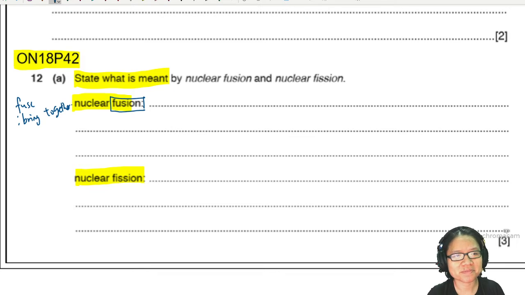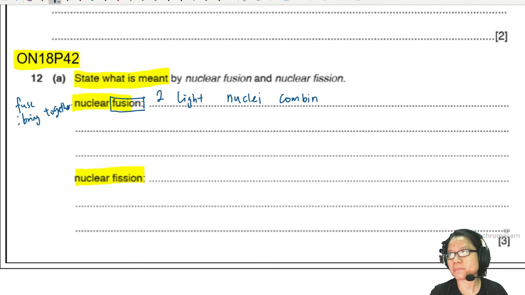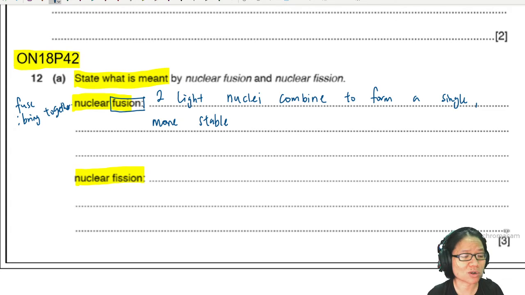But actually, fusion is when you have two light nuclei. Nuclei here is the plural of nucleus. They combine to form a single, more stable nucleus. Remember, the goal of all these nuclei is that they were not stable, or less stable, and they become more stable.